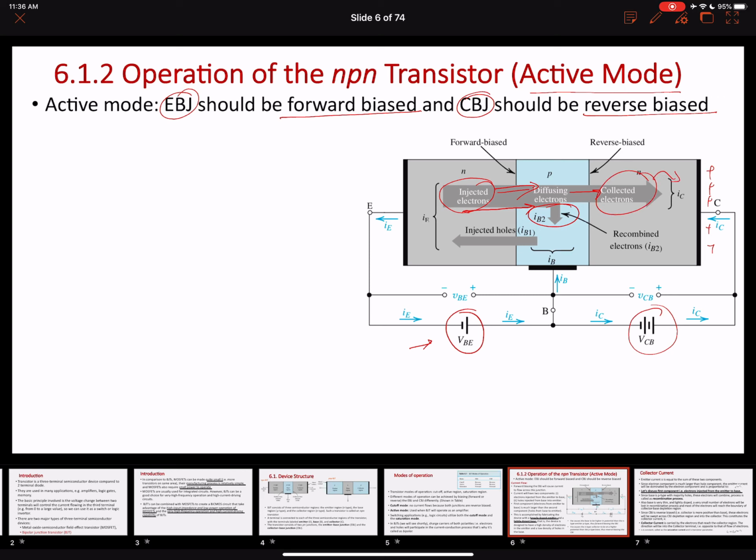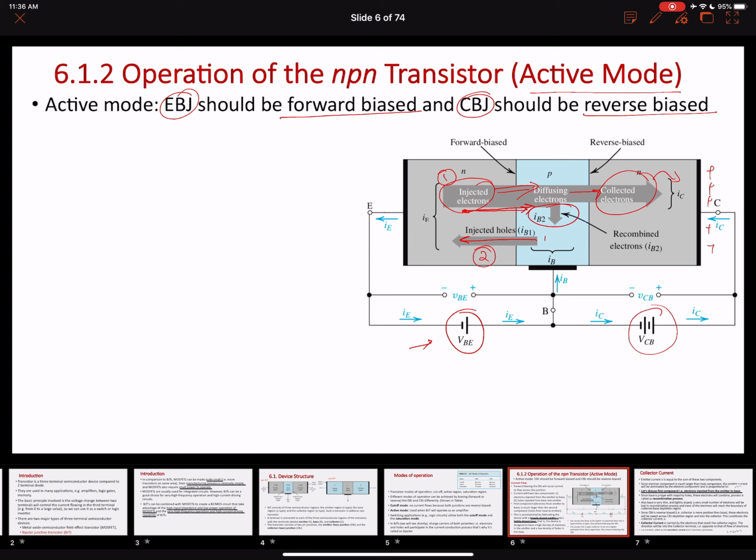If we look at the emitter current, it has two components. One of these components is the electrons injected from the emitter to the base, and the second component is the holes which were injected from the base to the emitter region. Similarly, our base current is also composed of two components.